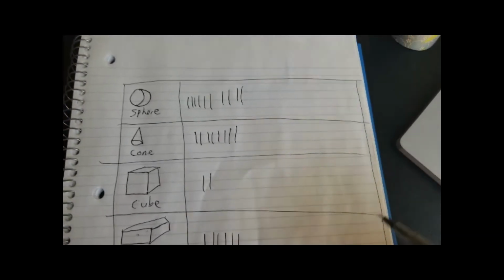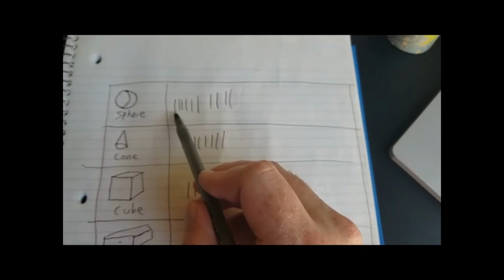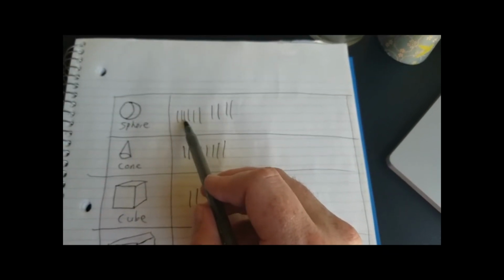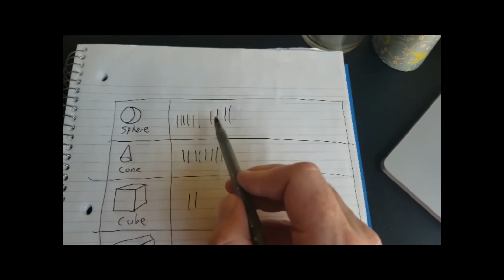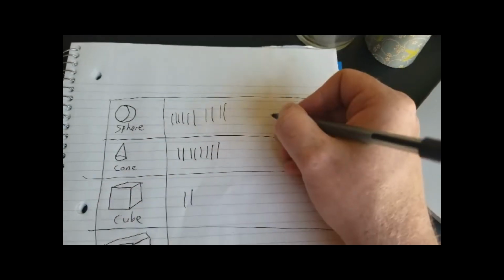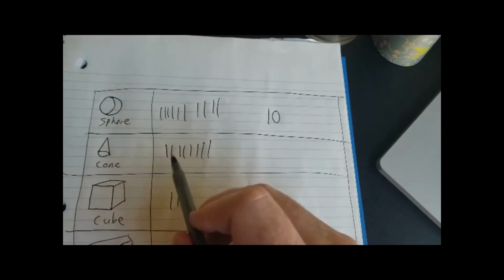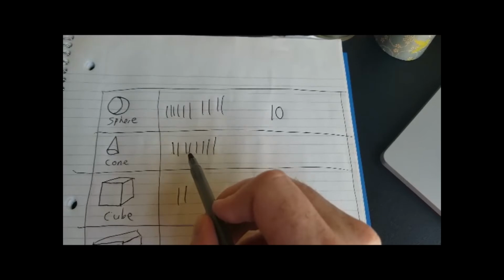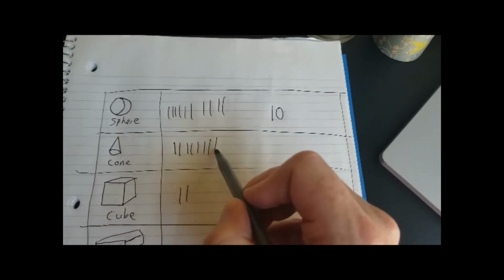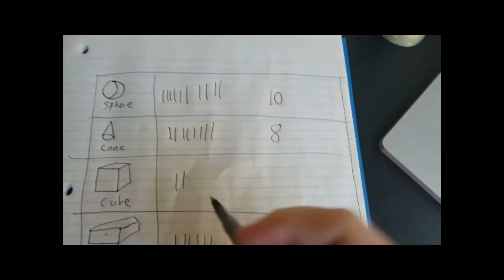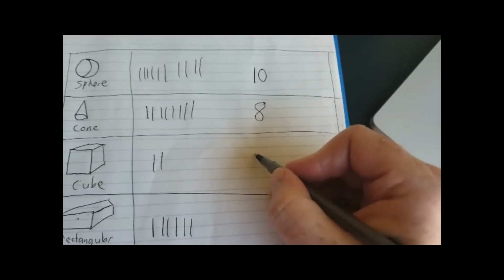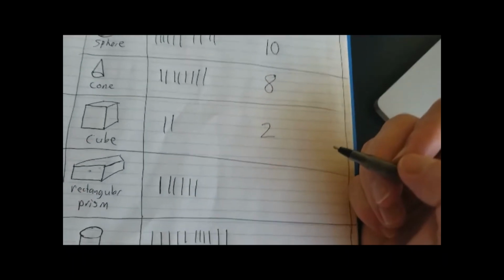I'm going to go ahead and count up how many of each shape I found. So spheres, I found 1, 2, 3, 4, 5, 6, 7, 8, 9, 10. Cones, I found 1, 2, 3, 4, 5, 6, 7, 8. I only found 2 cubes, a dice, and a jewelry box, friends.